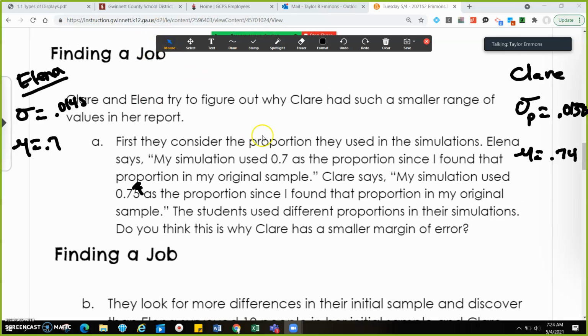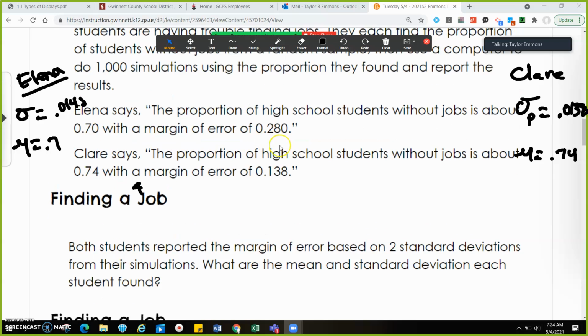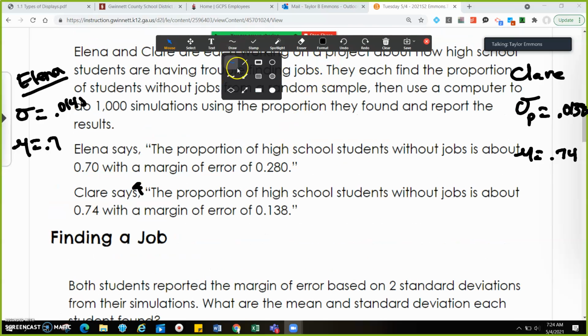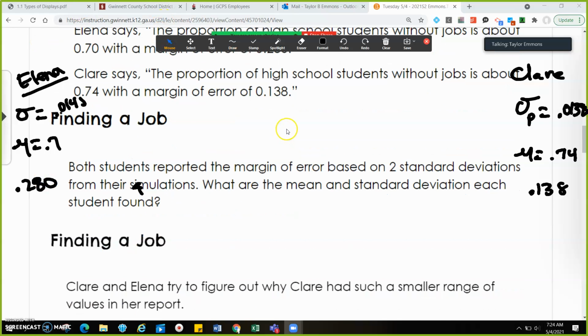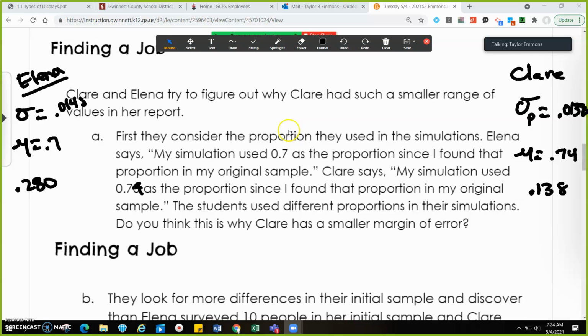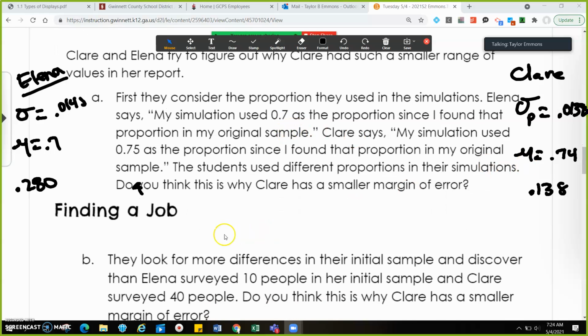Looking back up here, we were told that Claire had a margin of error of 0.138, and Elena had one of 0.280. So the question is, do you think this is why Claire has a smaller margin of error?